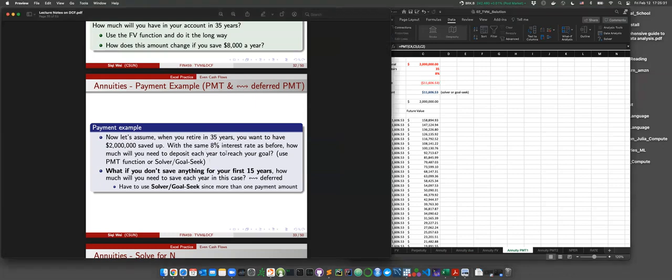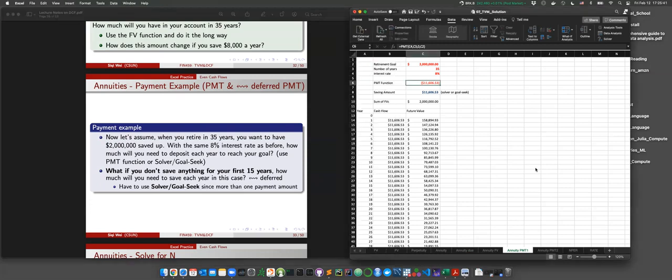With the same 8% interest rate as before, how much will you need to deposit each year to reach your goal? There are two alternative ways to solve this problem. The first one is to use the Excel payment function. You input the rate, number of periods, present value, and future value.